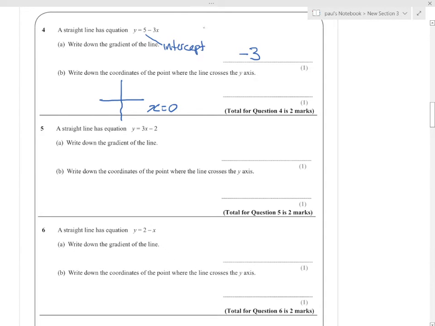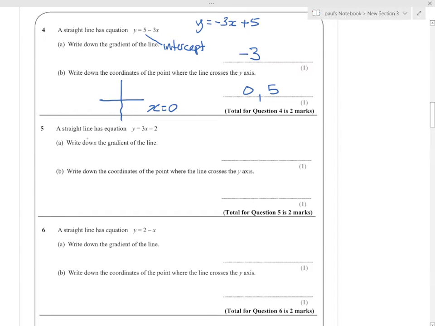They've just written this the other way around, so it could be minus 3x plus 5. It's just written the other way around to confuse. So the intercept is the 5, and that's the y. So it must be 0, 5.